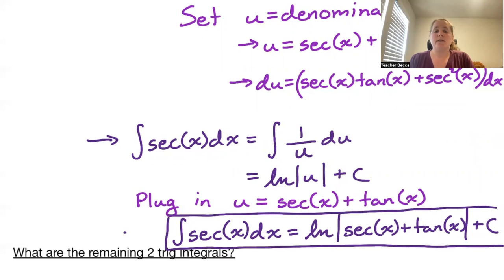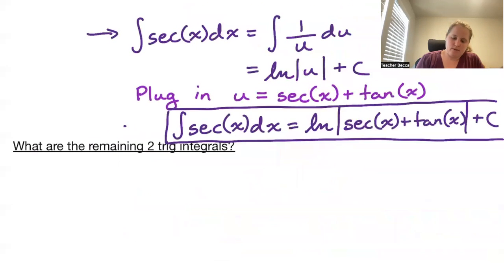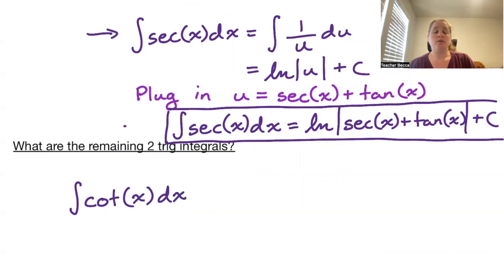Now, the only two trig integrals remaining use a very similar process to solve as the ones we just did. So I'm just going to directly give you those formulas. Our two remaining trig integrals: we have the integral of cotangent of x dx. Recall the integral of tangent was negative natural log absolute value of cosine x plus c.